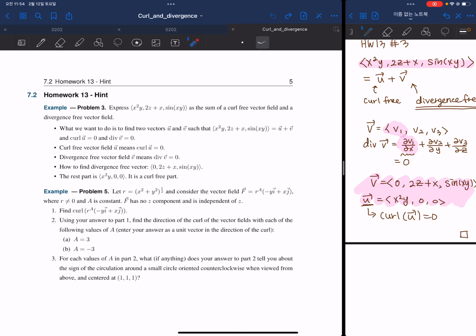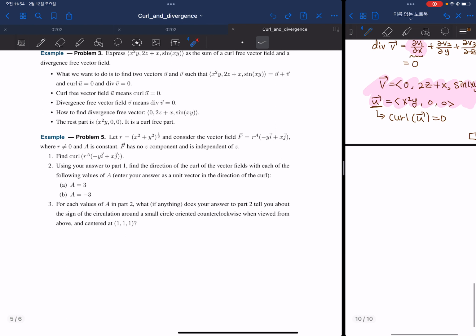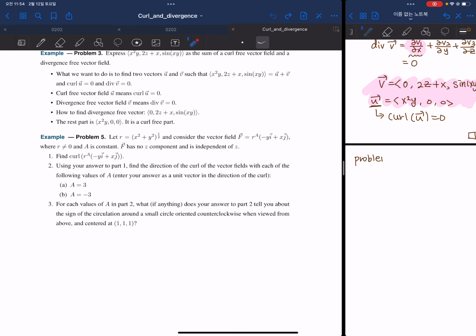And since you have a different vector field, you can do the same things similarly, okay? And then the last example is problem 5 in homework 13, okay? I think this calculation is a little bit tricky or complicated, so I just want to calculate it together here.